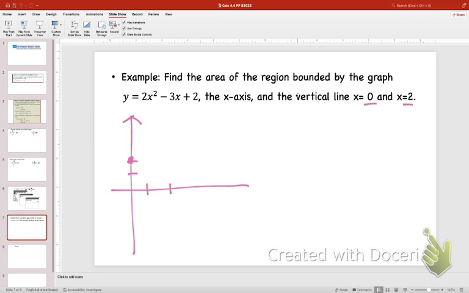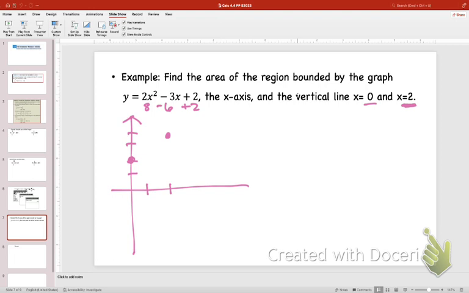So guess what I do? I plug in 0. And if I plugged in 0, I get 2. And then I plug in 2. So that would be 8 minus 6 plus 2, which would be 4. So something has to be happening in the middle of there. We want to make sure that it's not coming all the way down. There's a couple things we can do.